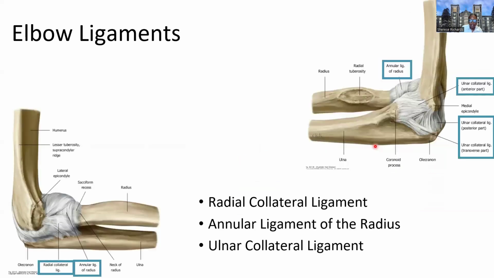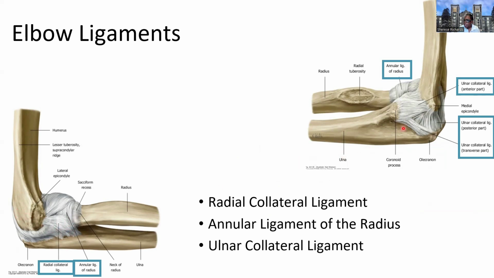Now, the ligaments that reinforce that joint, there are three of them. Lateral reinforcement from the radial collateral ligament. So here is a medial view, here is a lateral view, and the radial collateral or lateral collateral ligament helps to anchor the radius to the humerus. Okay, and it can be seen more from a radial or a lateral view.